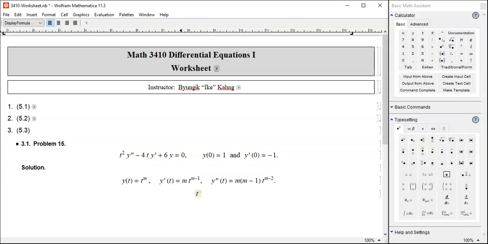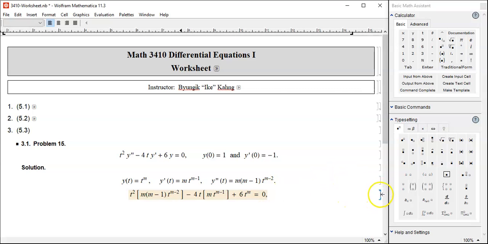Okay, let's go ahead. t squared times the second derivative, this one, four t times the first derivative, plus 6 times the original function, t to the mth power, is equal to 0. That's what we got. And let's do some work.